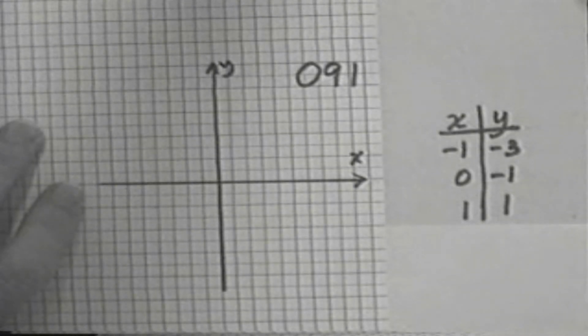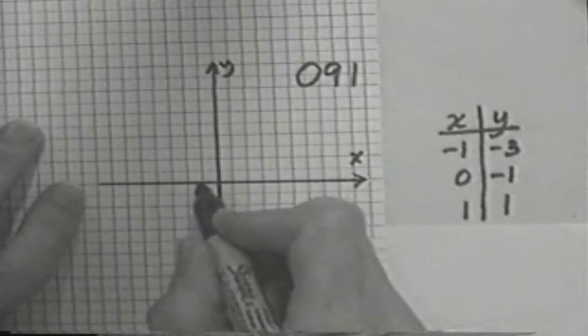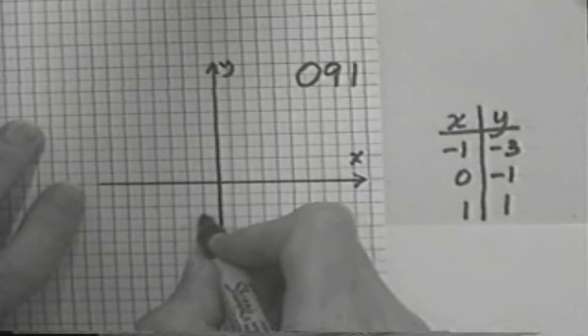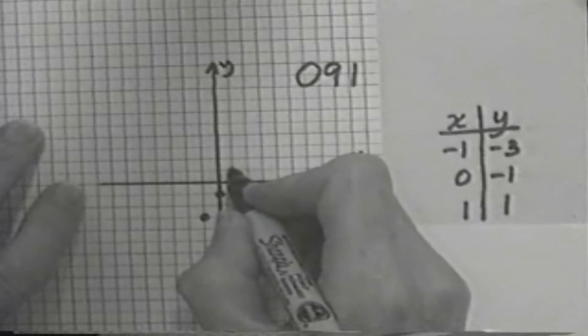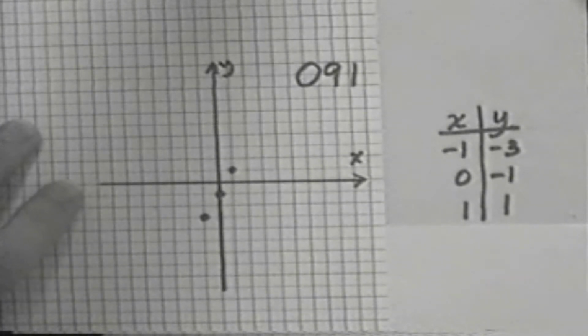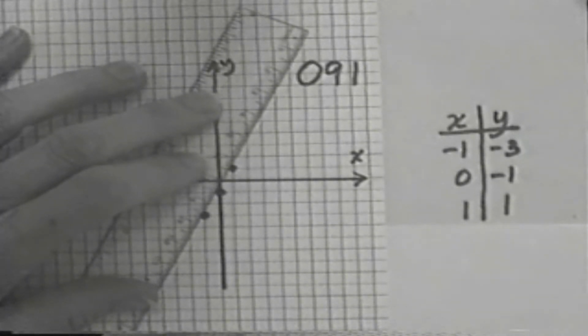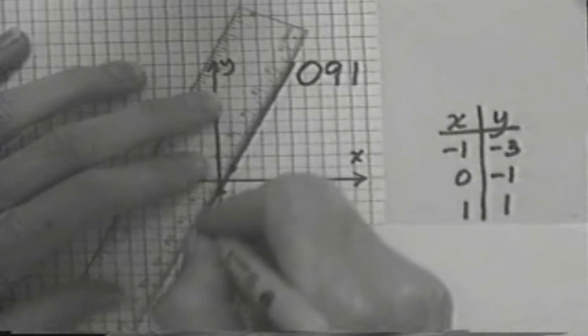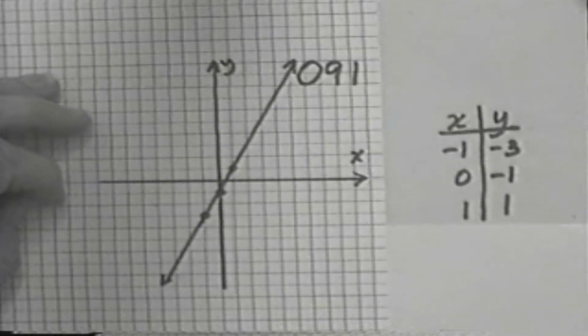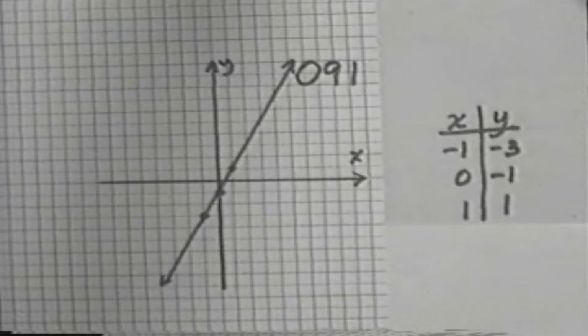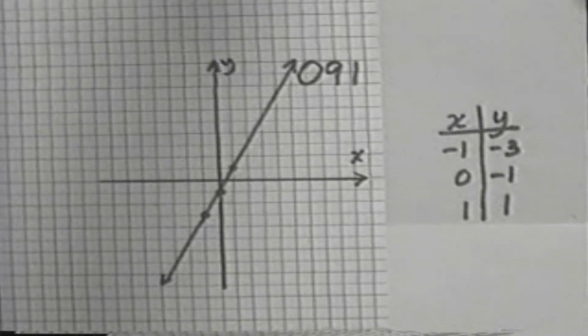Once again, here's the x-axis, here's the y-axis, and we have -1, -3, to the left 1 and down 3; 0, -1, none sideways and then down 1; and then 1, 1, to the right 1 and up 1. So here's our line. It's getting to be an old friend. So here's the graph of the equation y equals 2x minus 1.